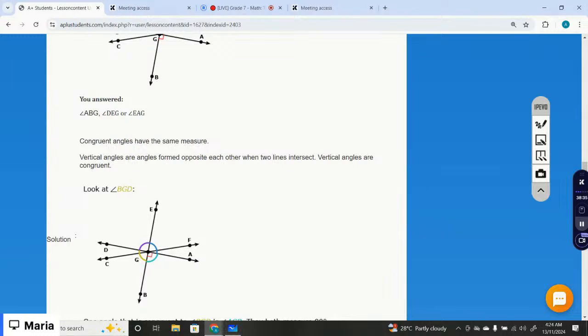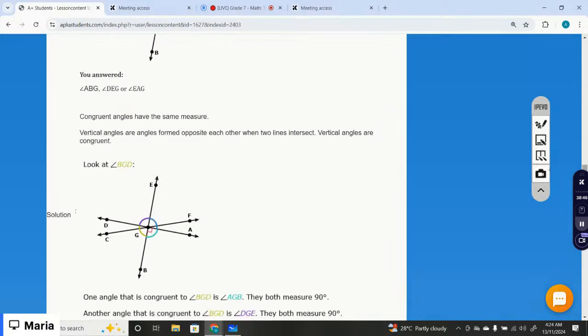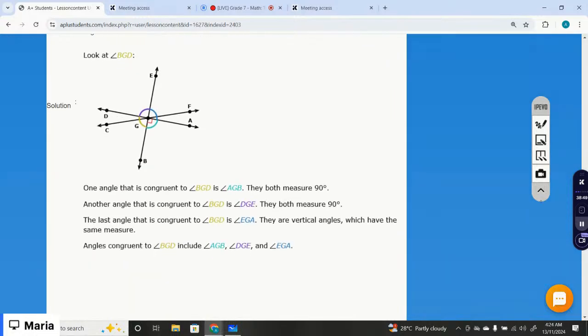Vertical angles are angles formed opposite to each other when two lines intersect. Vertical angles are congruent. Angle BGD is congruent to angle AGB, AGE, and DGE, right? There are so many congruent angles. They are AGB, DGE, and EGA.